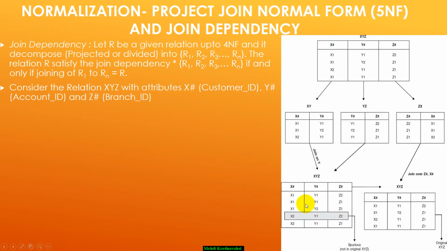Here, we join this relation, and as you see, the original table x, y, z is different than the join relation. We have one more record after joining. So this is not the original table.